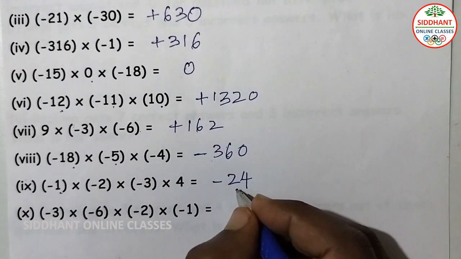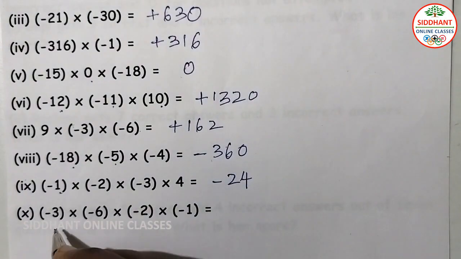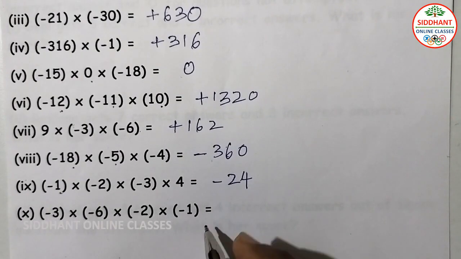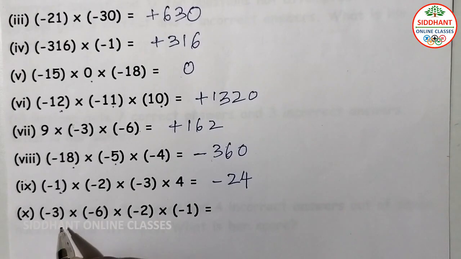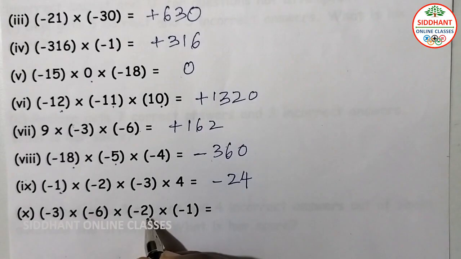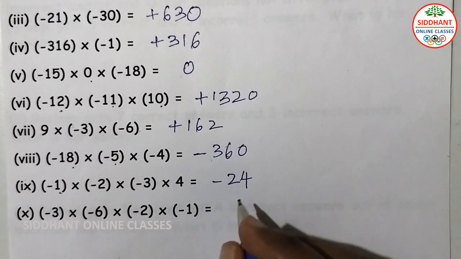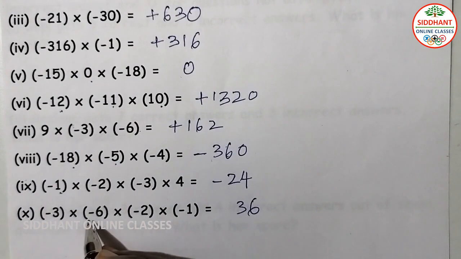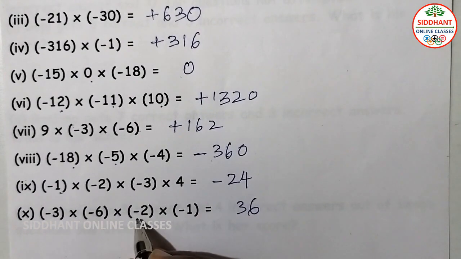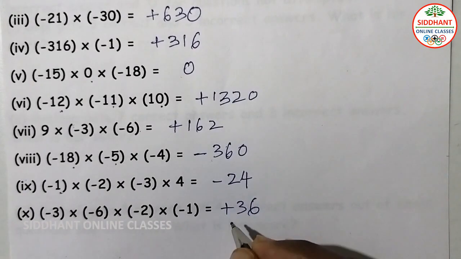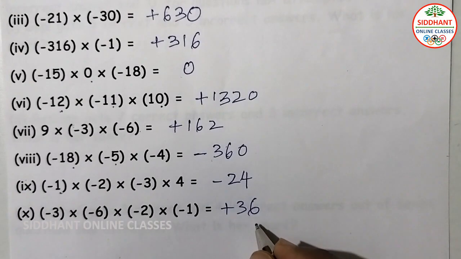So the answer will be minus 24. 10th one, minus 3 into minus 6 into minus 2 into minus 1. First we multiply the numbers: 3 into 6, 18, 18 into 2, 36, 36 into 1, 36. Next multiplying signs, minus into minus plus, plus into minus minus, minus into minus plus. So the answer will be plus 36.